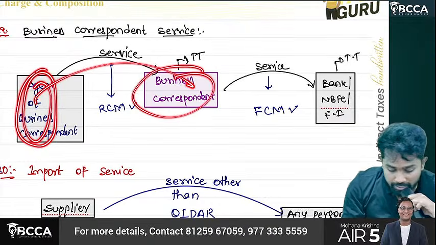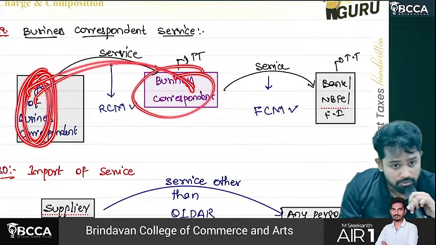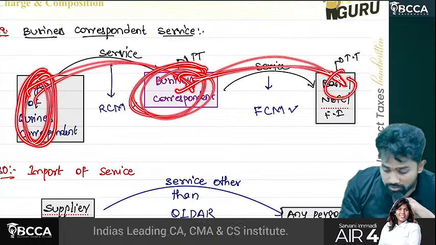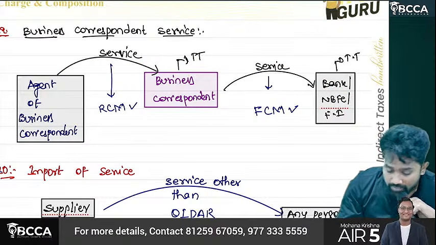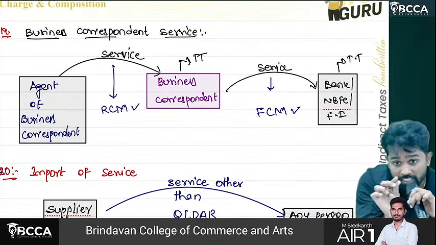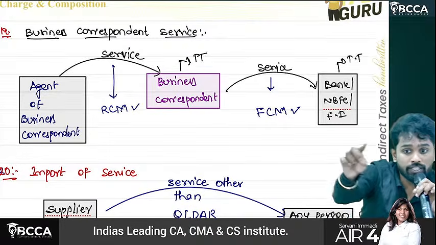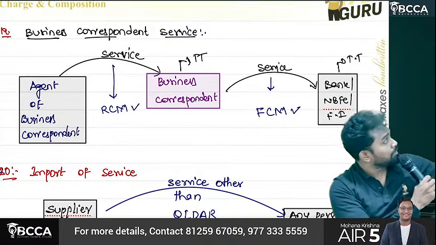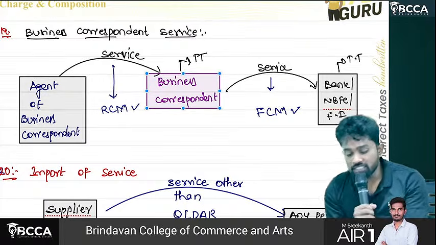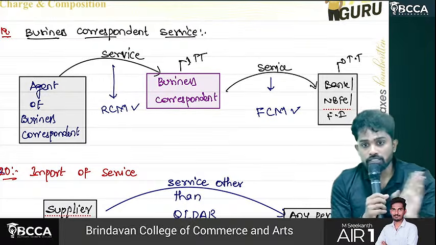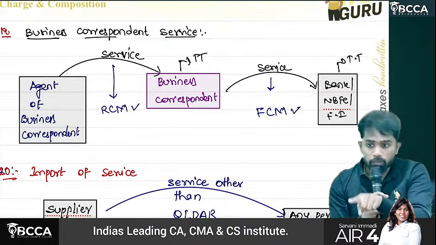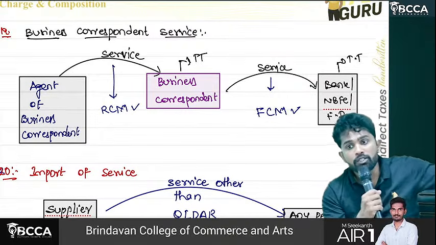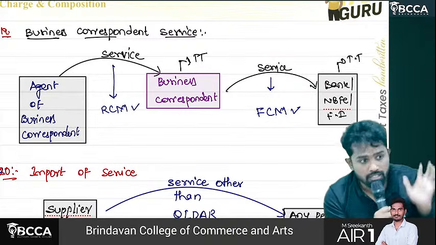LIC. That is, the agent of the business correspondent is providing services to the business correspondent. Now LIC is providing services to whom? Bank. Sir, LIC to bank is covered under FCM only. But when the agent of the business correspondent provides services to the business correspondent, then only it is covered under RCM. Sir, most people will get confused here and take business correspondent to bank as RCM. It's not like that. Business correspondent to bank is FCM only. Agent of business correspondent to business correspondent is covered under RCM.